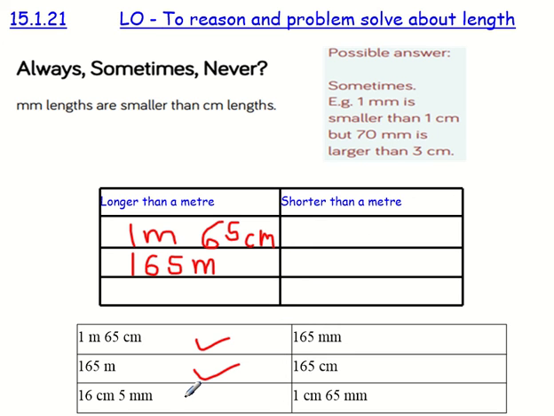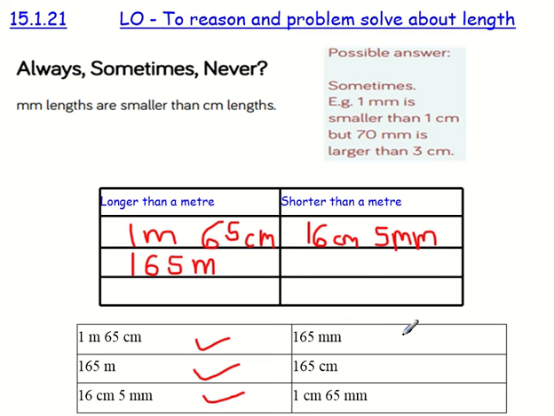So 16 is smaller, isn't it, than 100? So that would be shorter than a metre. So we would put in 16 centimetres. You can be looking at your ruler here and finding 16 centimetres, and then those 5 tiny little millimetres. I don't think Mrs. Corcoran's writing with this pen is getting much better. Okay, so we've done that one. We're doing well here, boys and girls, organising these.